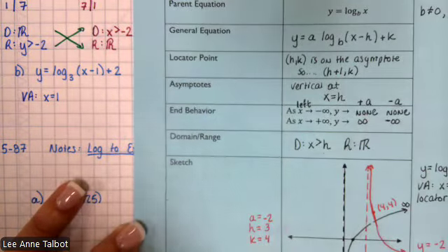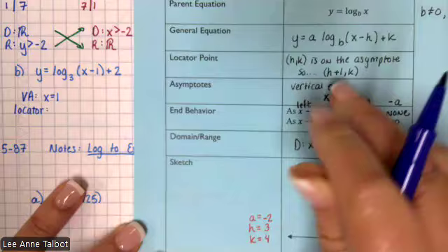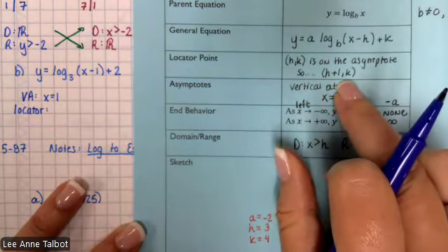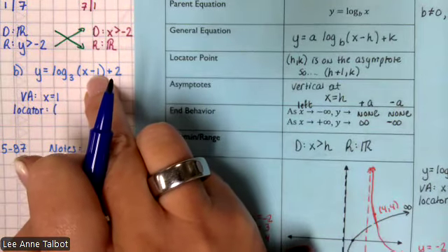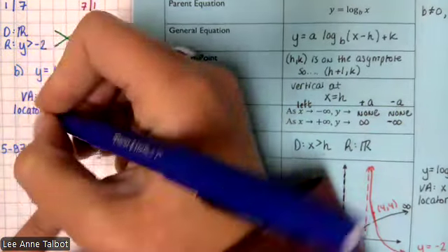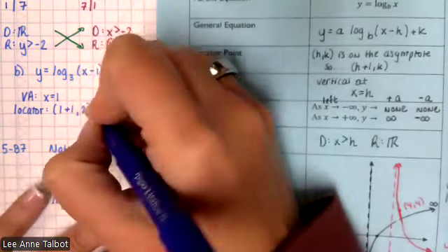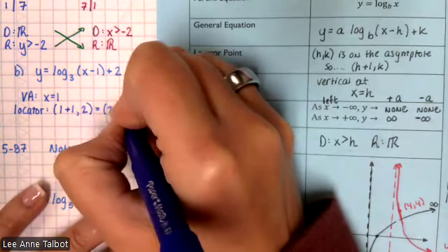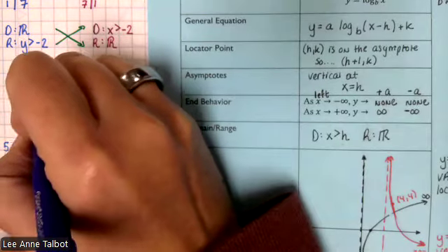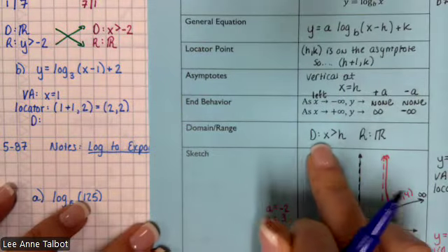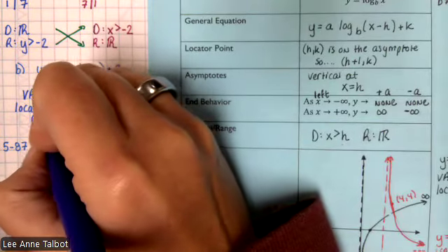Done. Okay, locator. H plus 1, comma k. Okay. H is 1. 1 plus 1, comma 2. Yep. Okay. Domain. X is greater than h. X is greater than 1.